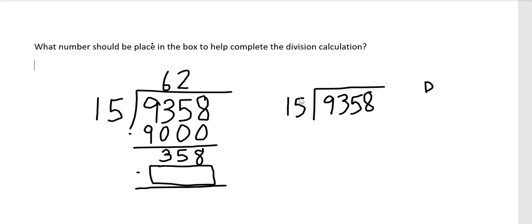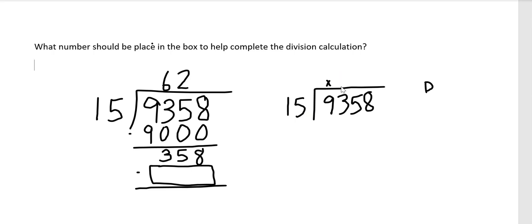So for example, 15 does not divide into 9. And placement matters. So I'm putting a little X there because you're definitely not going to have 15 dividing into the thousands place. So we're going to move over and include both the thousands and the hundreds place. So we have 93. 15 does divide into 93.